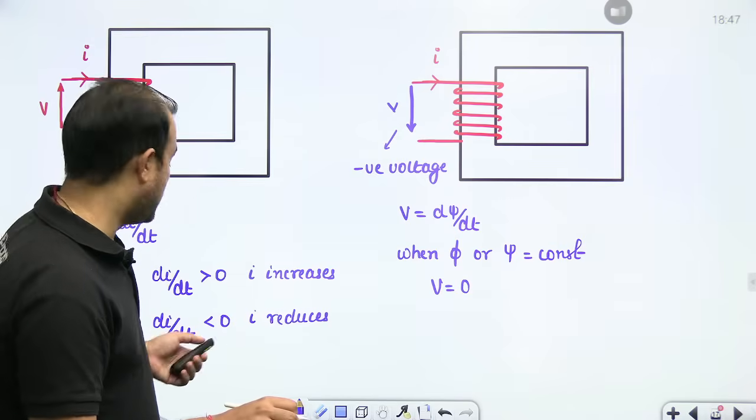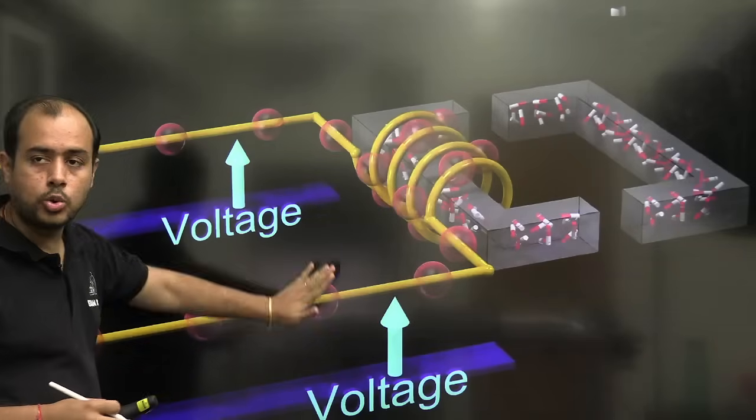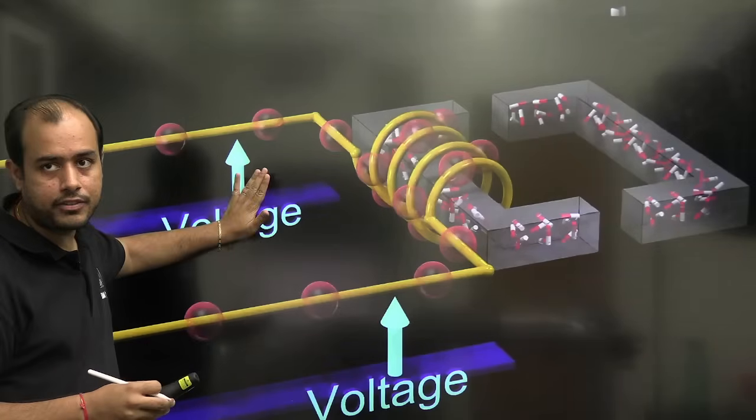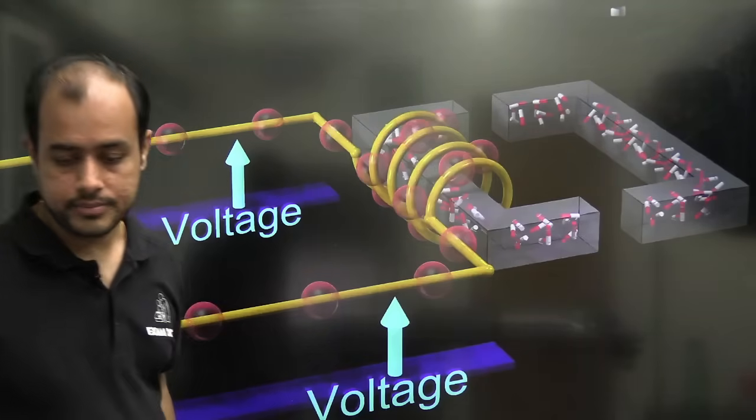Okay. Now beta, let us understand the working. So right now at the two terminals of the coil I have equal voltage.